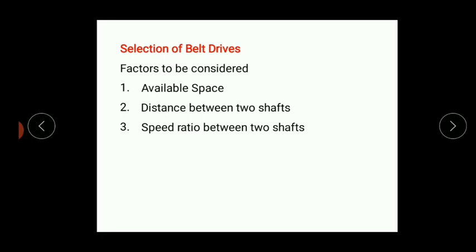So we have to decide how much speed is to be transmitted with the help of the belt drive, because we had seen that for high speed transmission we cannot use the flat belt drive, because a flat belt drive has to be used at a moderate speed. Belt speed is also an important criterion, as we had seen earlier. For a moderate amount of power transmission we use the flat belt drive or V belt drive, but for a great amount of power to be transmitted we have to use the rope drive.